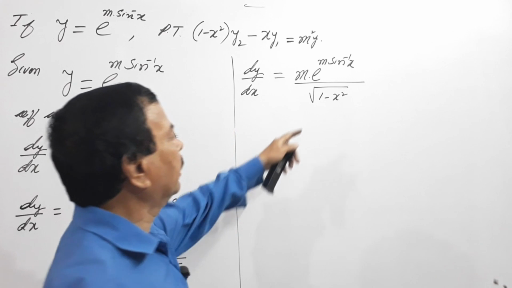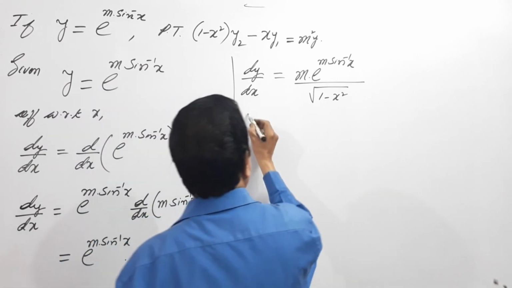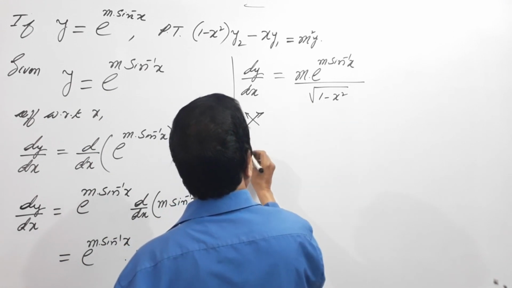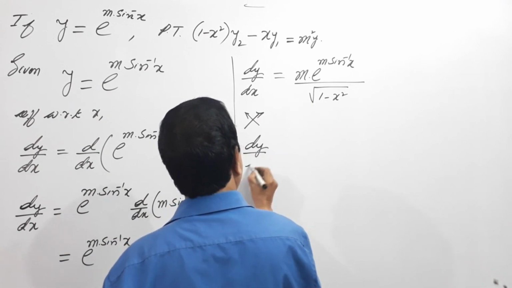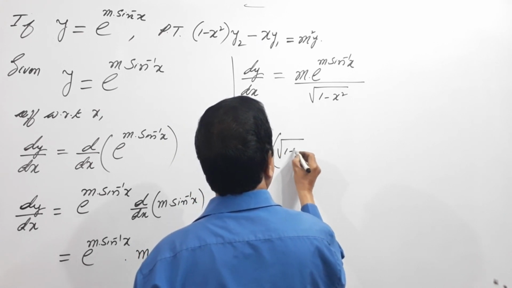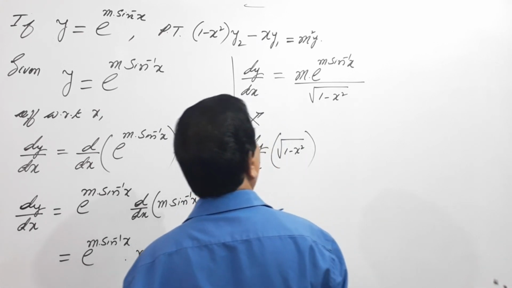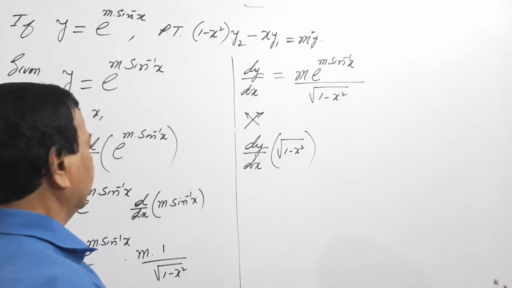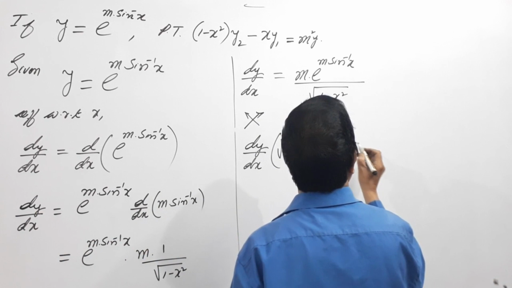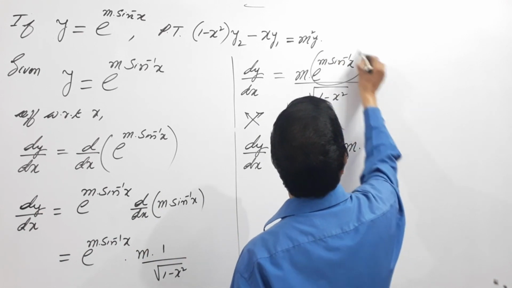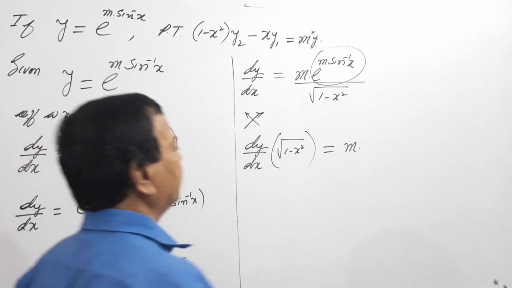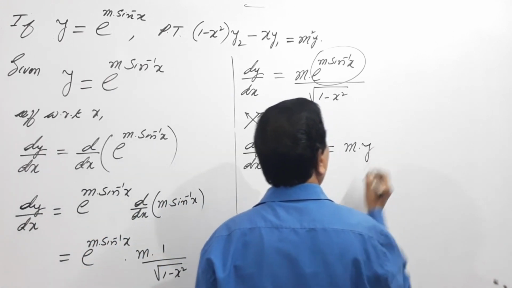So here I'll cross multiply. This goes there, that is dy by dx into under the root 1 minus x square equals m into, what is this? That is nothing but our y.